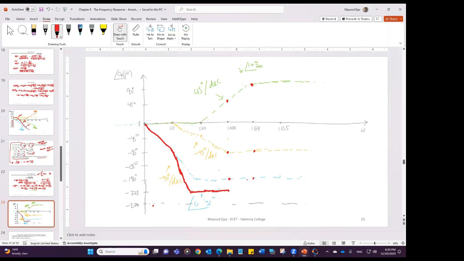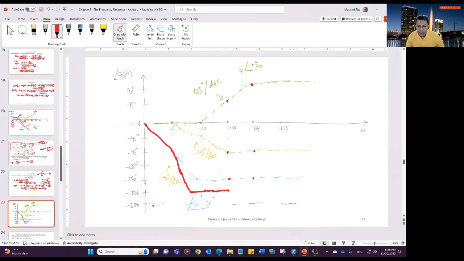Shouldn't it end at negative 180? Because it should go back up from negative 225 to negative 180 when the negative 90 degree line plateaus. Let's see if that's the case. So negative 90 minus 180, negative 270, and you are adding phase. So when it gets to this point, it's going to get 90. So this 90 and negative 90 will cancel each other, and you have negative 180 left. So yes, it's going to increase up to 10 to the 4, and then it's going to plateau at negative 180, right?